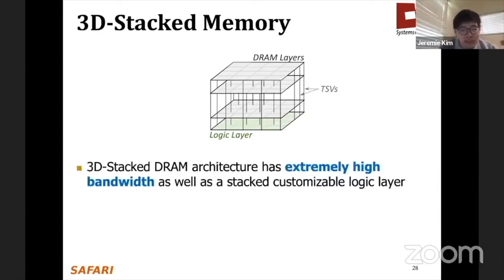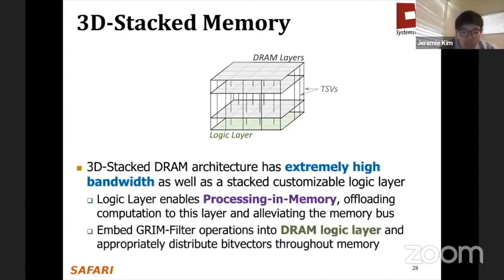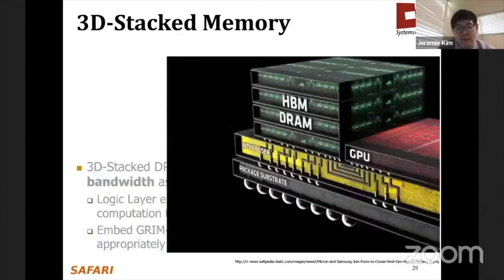And so we have this high bandwidth as well as this stacked customizable logic layer, which enables processing in memory. This processing in memory offloads computation to this layer rather than transferring all this data into the CPU, having the CPU process it and bringing it back. So it alleviates the memory bus. And we can embed these GrimFilter operations into the DRAM logic layer and appropriately distribute the bit vectors throughout the DRAM layers so that we can effectively parallelize these operations in the logic layer.